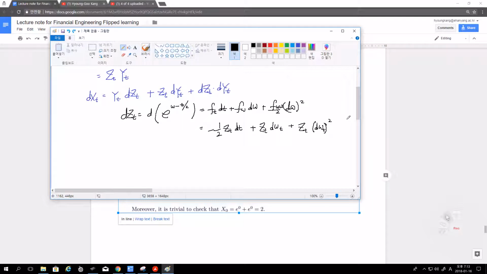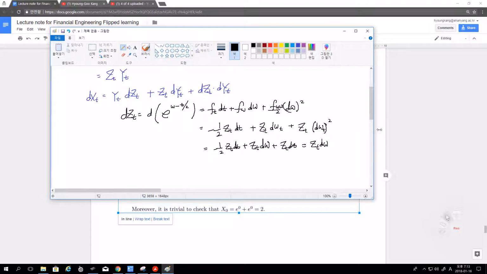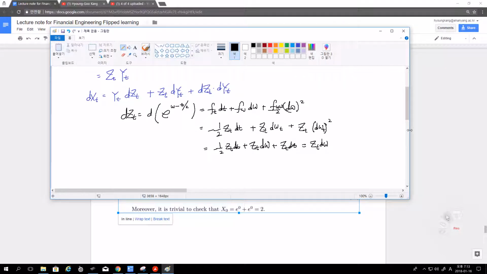And then because this is minus dt, what we have is zt dw plus half of zt dt.